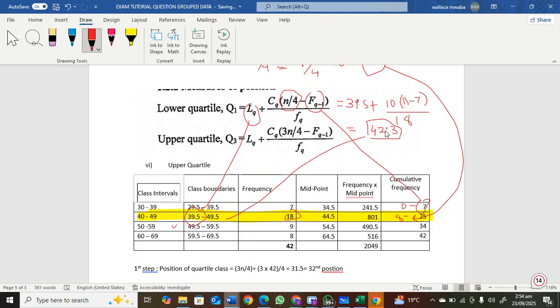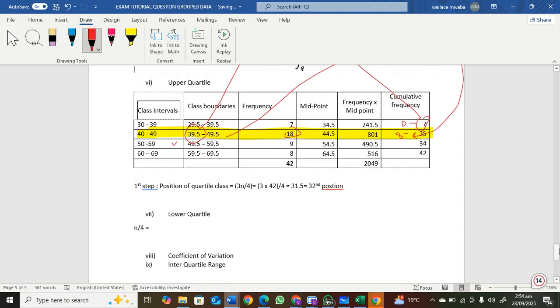So you can see our lower quartile falls in the class boundary 39.5 to 49.5. Our lower quartile we call Q1, and our upper quartile, Q3.